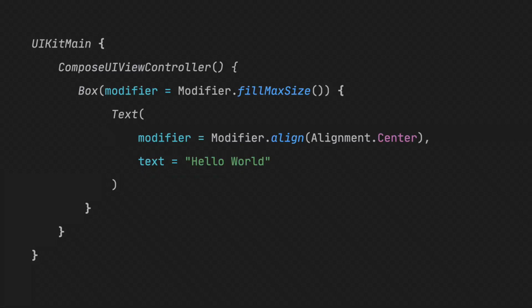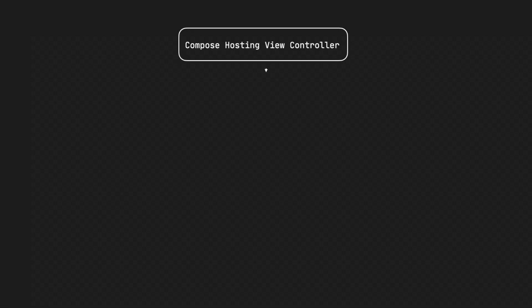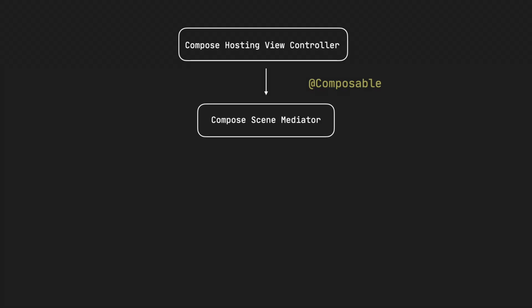So this is the compose UI view, UI hierarchy that I want to print. I have the simple hello world with modifiers. What I'm doing here is that I'm providing this to compose UI view controller, and it has to take this. And what it does is that it takes this content, which is a composable, and it provides it to compose scene.